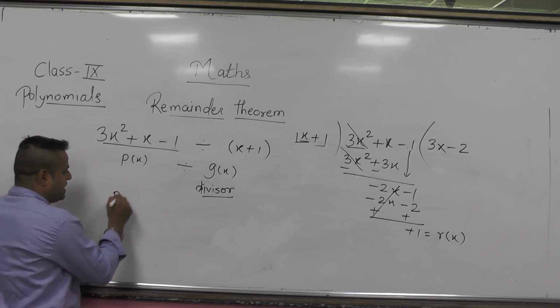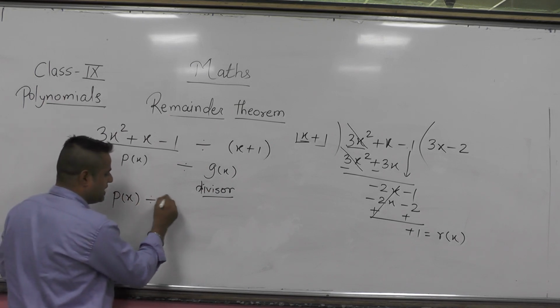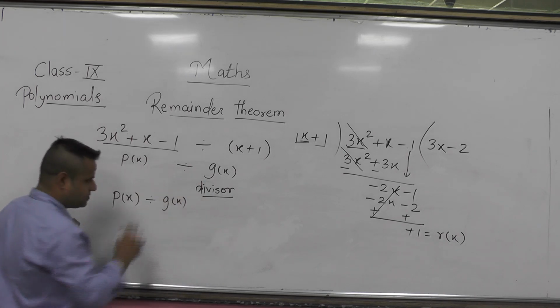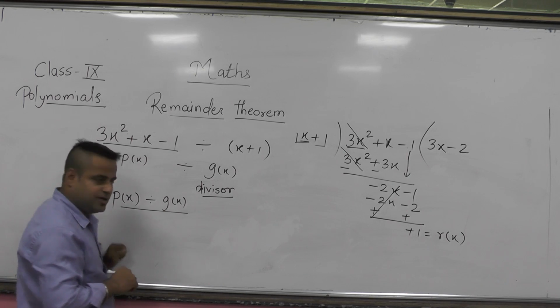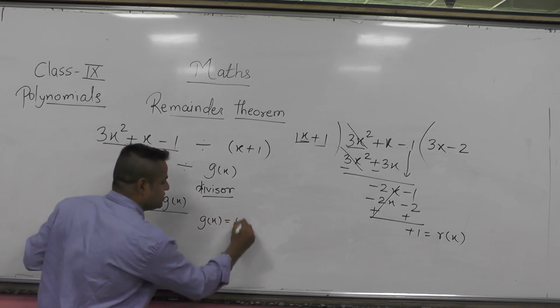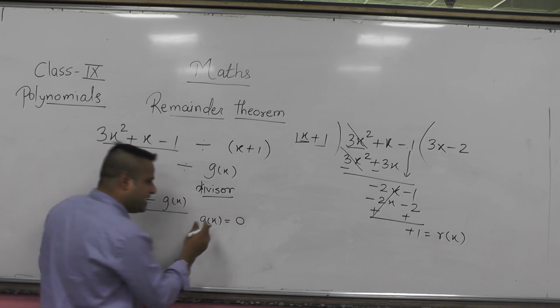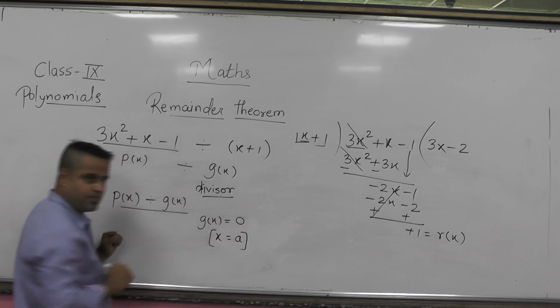When we divide px with gx, as I have written above also, what is the procedure here is, we can keep this gx equal to 0 and try to get the value of x. Suppose the value of x comes a.